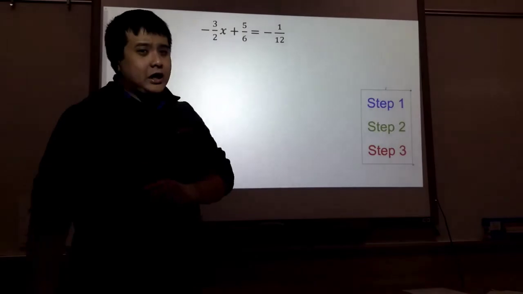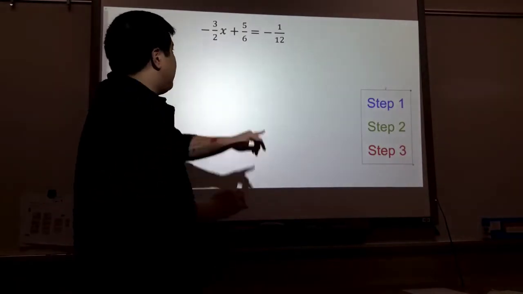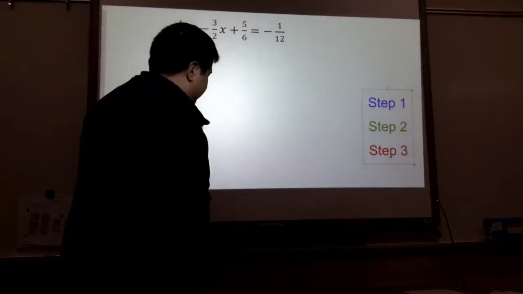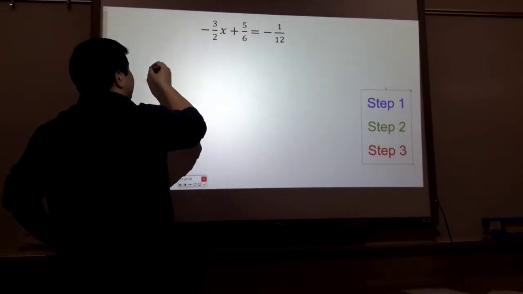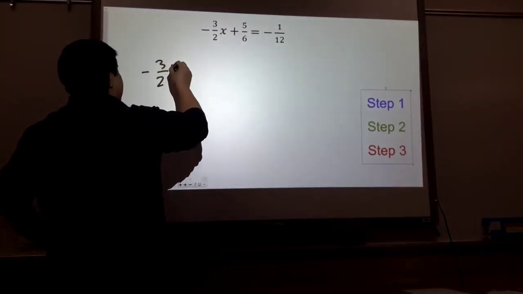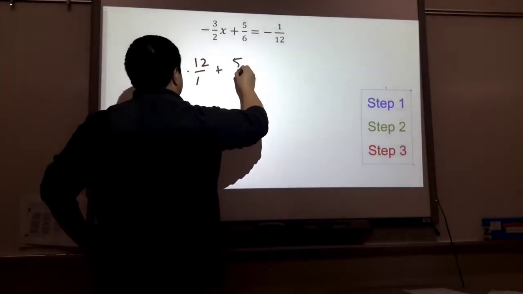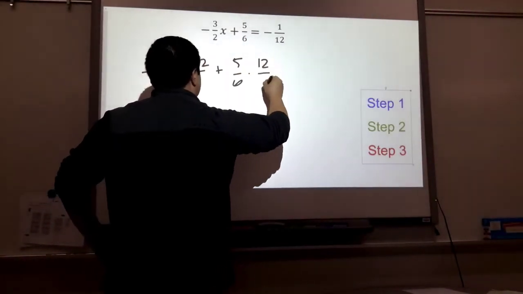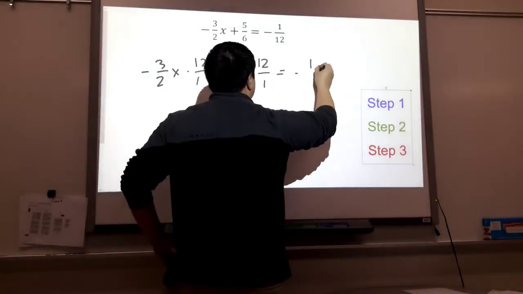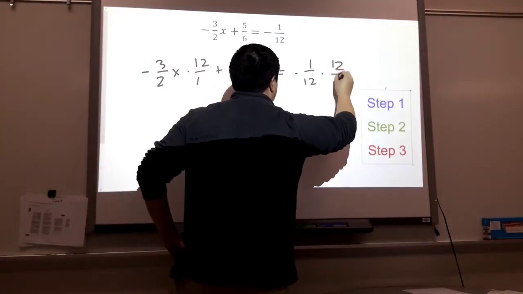The next one, our least common multiple of 2, 6, and 12, which are our denominators, is 12. So I'm going to multiply each one of these fractions by 12. Negative 3/2 x times 12 over 1 plus 5/6 times 12 over 1 equals negative 1/12 times 12 over 1.